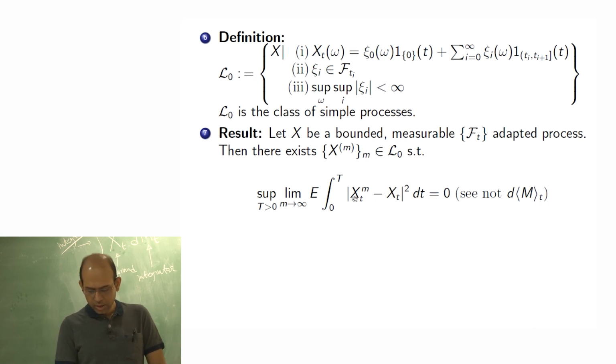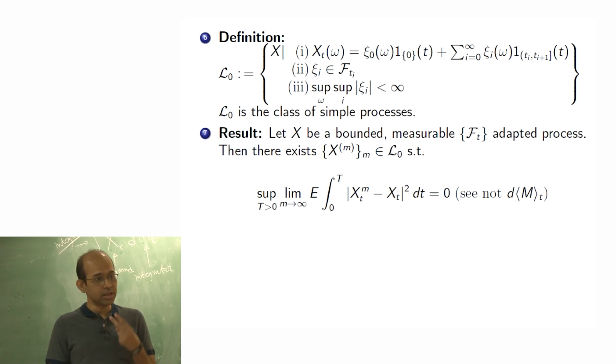So, we can approximate. This basically says that this is actually an L2 norm, correct. Because we are taking the square and integrating with time, and then integrating with the probability measure. So, this is the L2 norm in lambda cross P, where lambda is the Lebesgue measure on time.